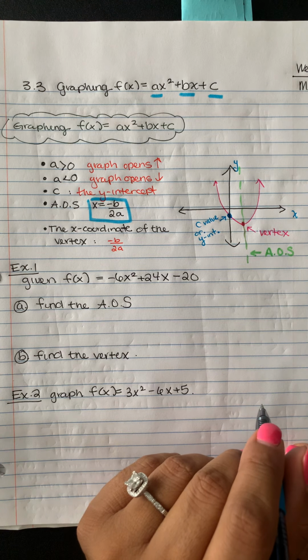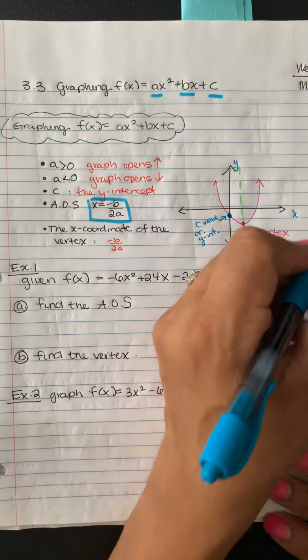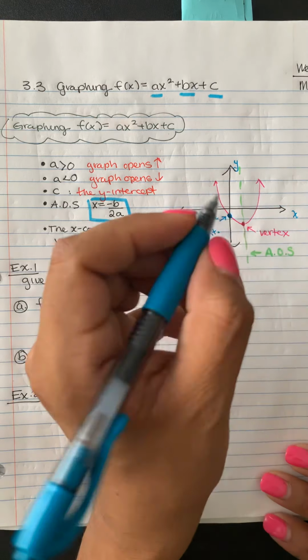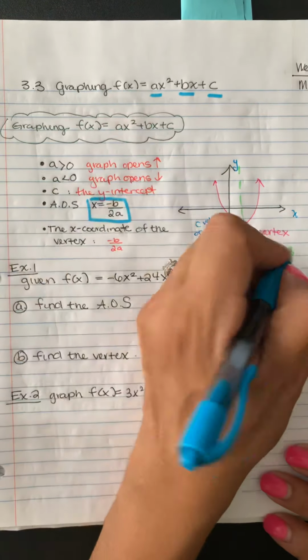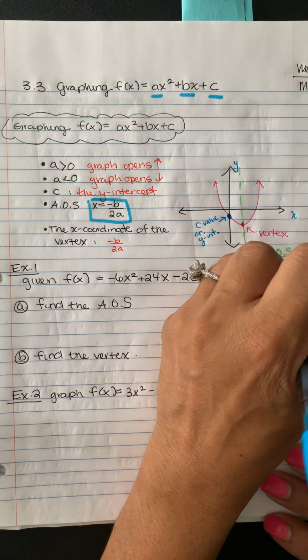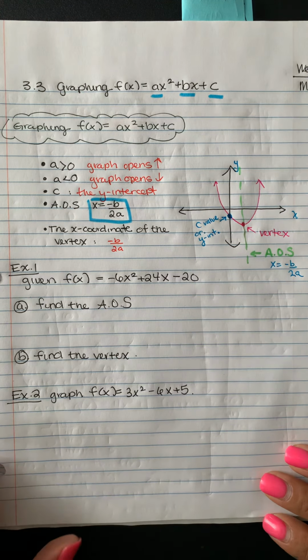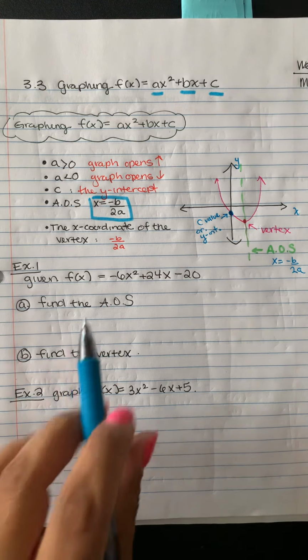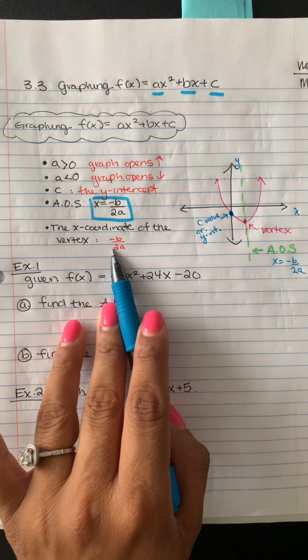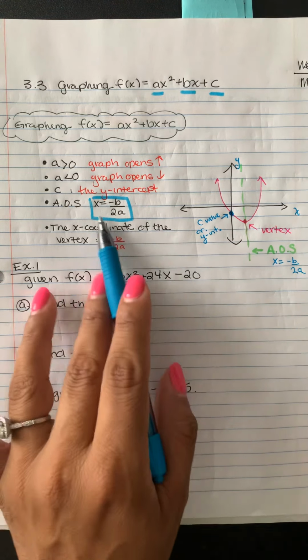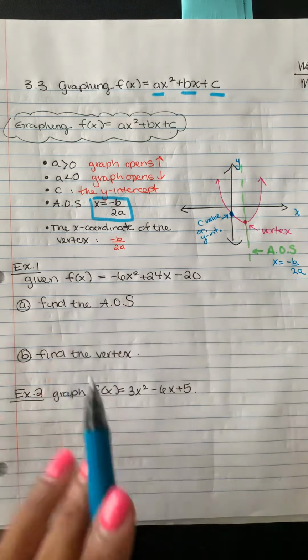I think that's about it. It's opening up. Oh, our AOS is this. If you're given it in standard form, it would be x equals negative b over 2a. Okay, and another thing, the x-coordinate of the vertex is also negative b over 2a. So whatever your AOS is, that's the x-coordinate.